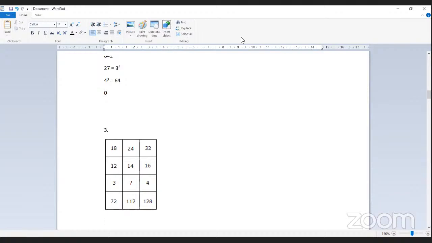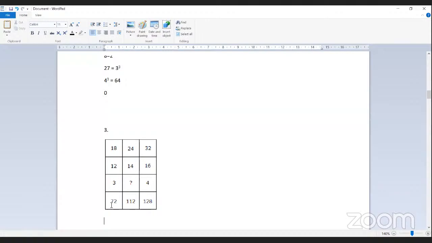Three. Chaitanya also got 3. Okay. And 12. 14 by 3. Okay, good. I think many of you got it. Very good. Now see. 18 plus 12 is 30.